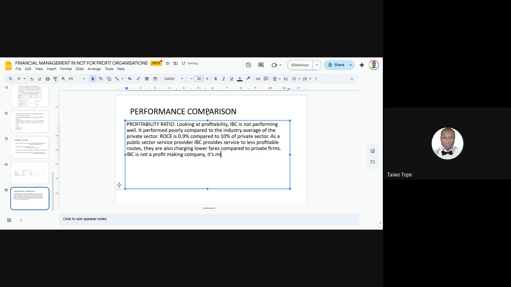Its mission is to provide efficient, reliable, and affordable public transport. This you can put down with regards to profitability ratio.